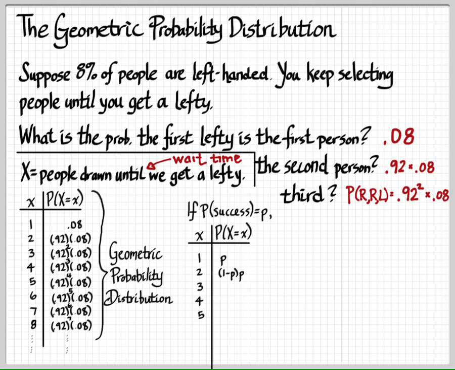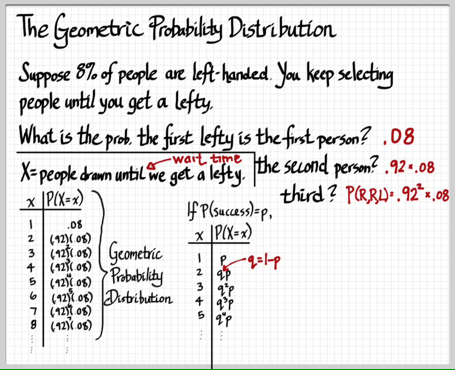I don't want to keep writing 1 minus p, so I'm going to do what is often done, and write q for 1 minus p as a shorthand. So what's the chance the first success is on the third? Then I would need 2 failures, then a success. That's q squared p. The first success is on the fourth: that would be q cubed p. First success on the fifth, q to the fourth p, and so on. This continues on and on.